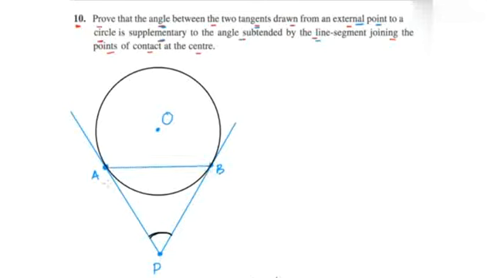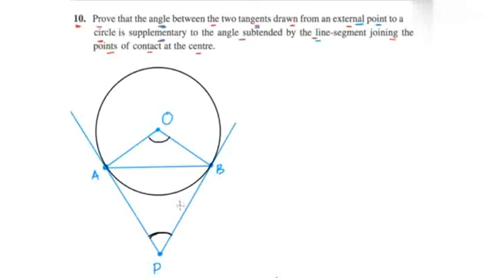If we join AB, and look at the angle subtended by this segment at the center, to get that angle, let's join A and O and B and O like this, correct? And now we see that the line segment AB subtends this angle, angle AOB, at the center.